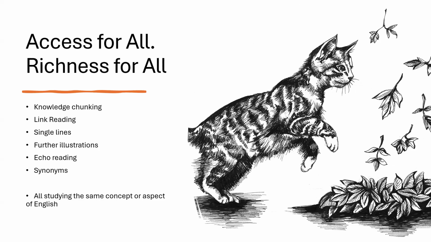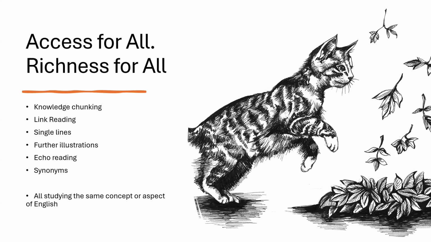Some pupils could be given just single lines, a bit less, or more illustrations to support. There are more illustrations coming up in other poems about cats. And work on, for example, synonyms that can really help the meaning to go a little bit deeper on particular words and phrases.